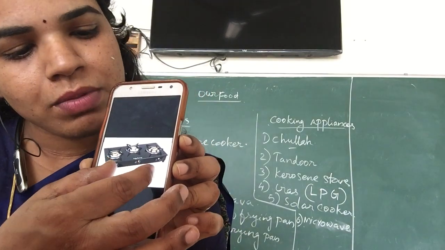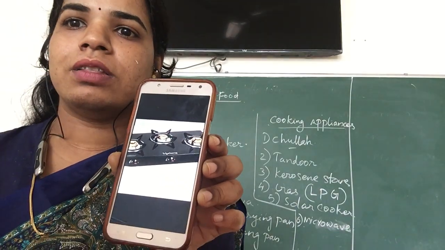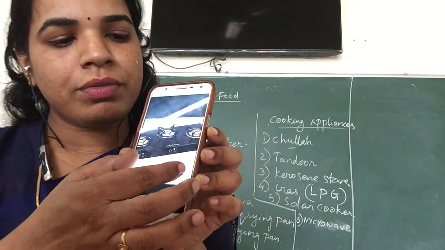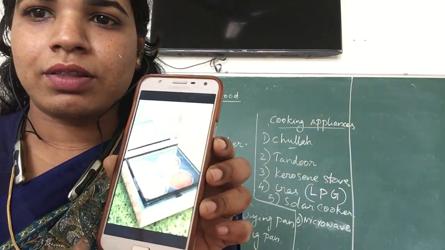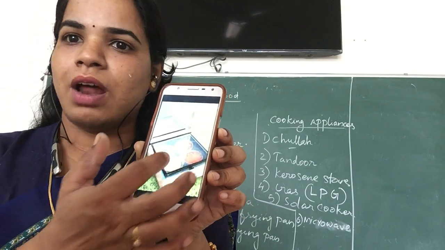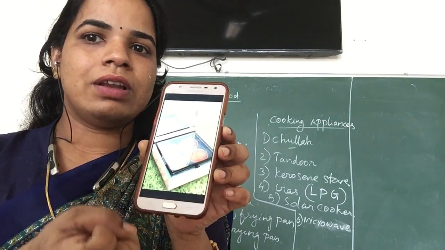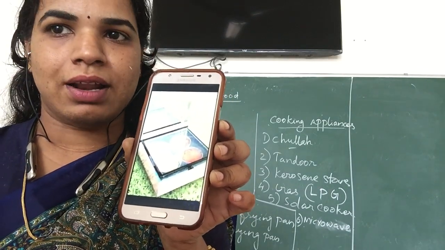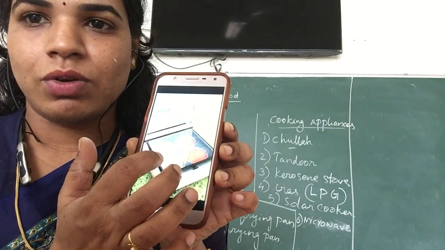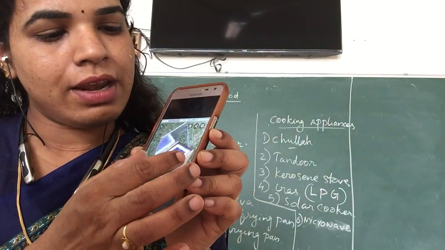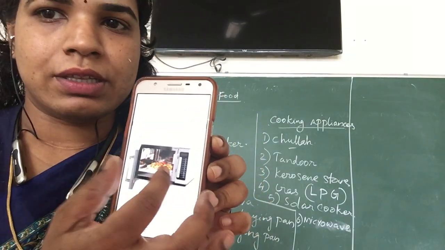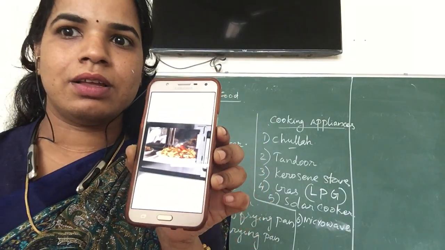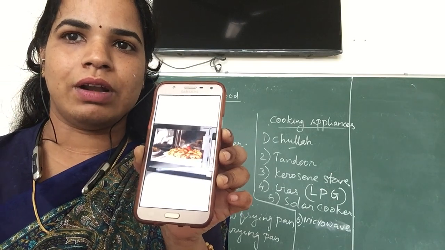This is so famous, and you know very well this is a gas stove. Next one here is kept outside so that it directly absorbs the sunlight, so you know that this is a solar cooker. Next one. Then this is also there in your home. What is this? This is a microwave oven.